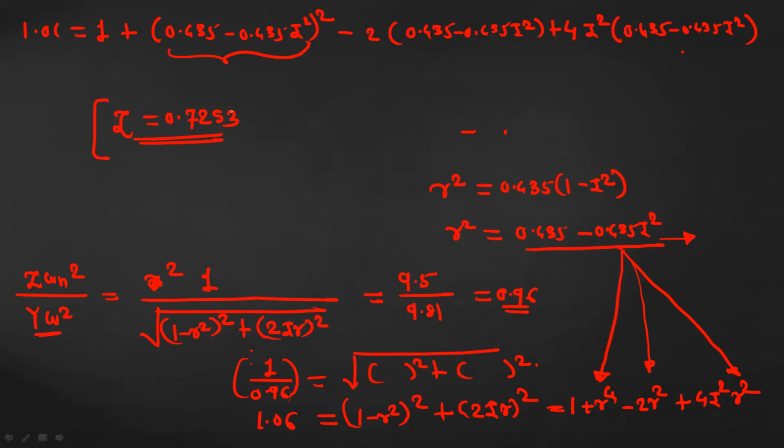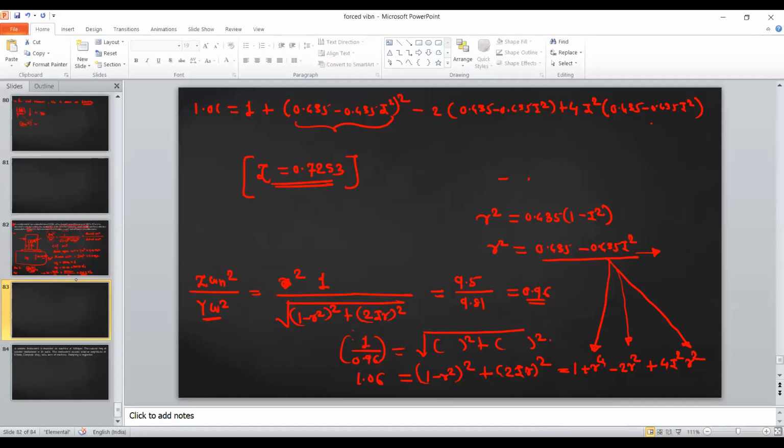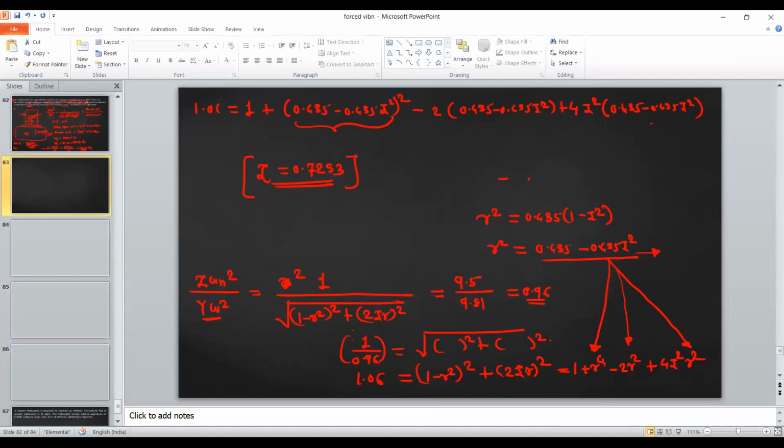So we have got this zeta value from this equation. So zeta is 0.7253.